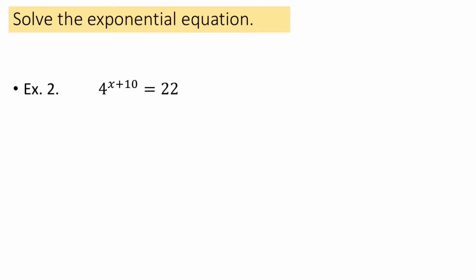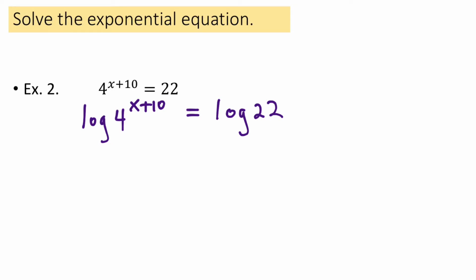All right, now we're going to solve 4 to the x plus 10 is equal to 22. So we need to extract the x plus 10 out of the power position, and the method we're going to use is take the log of both sides. So I'm going to use log base 10 of 4 to the x plus 10, and then on the other side take the log base 10 of 22.